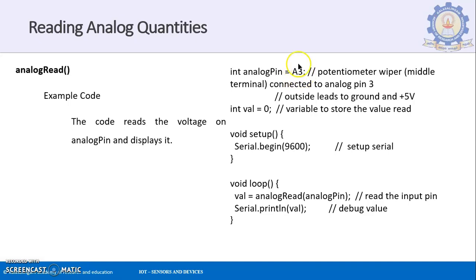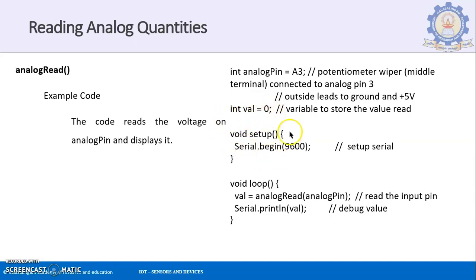Similarly, we are doing this in this analog program, where pin number A3 is assigned to a variable analog pin over here. So whatever value is available on A3 will be available on the variable analog pin. And I'm initializing this value to be equivalent to 0.